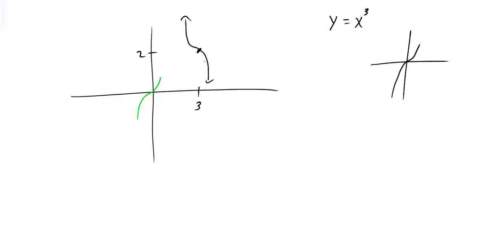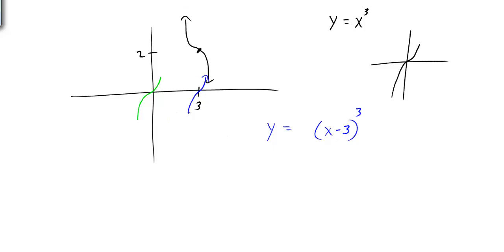Well, the first step is we know that we need to move over 3 units. Well, if we need to go over 3 units, then that means we're going to end up with x minus 3 cubed. So the minus 3 in here is going to move this over 3 units. And our graph would still have this same curve.